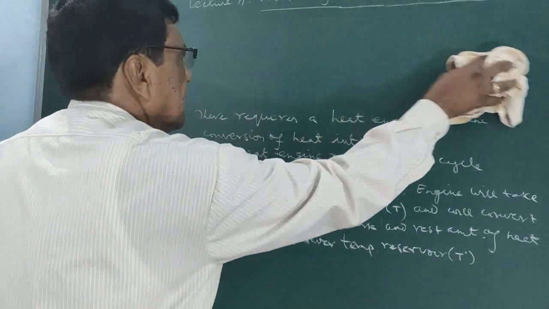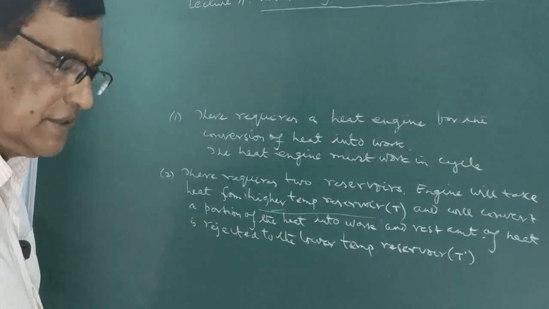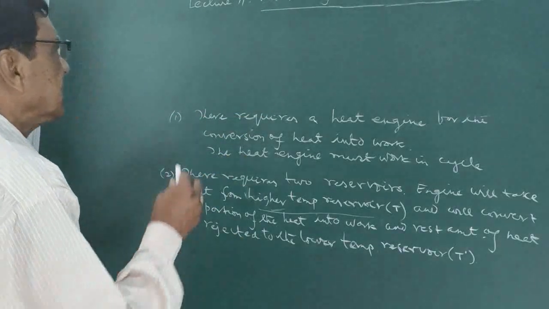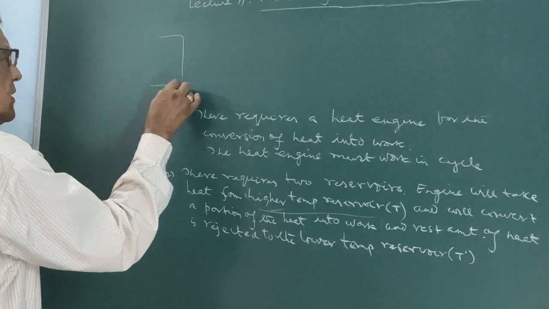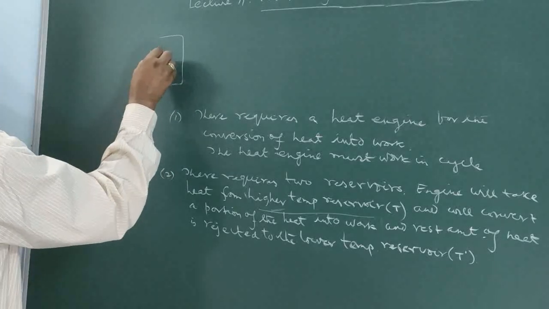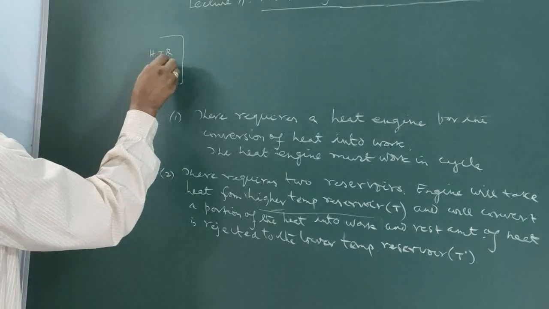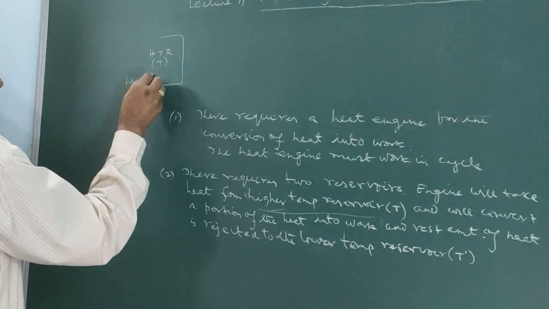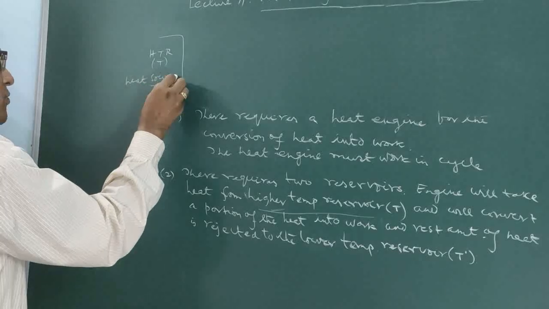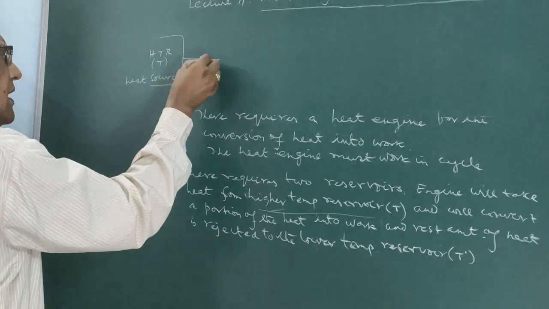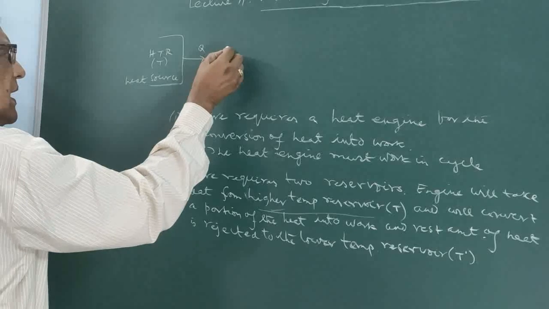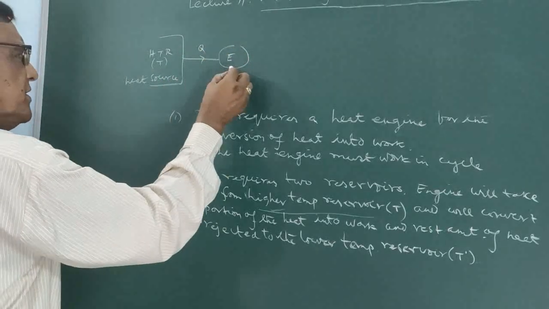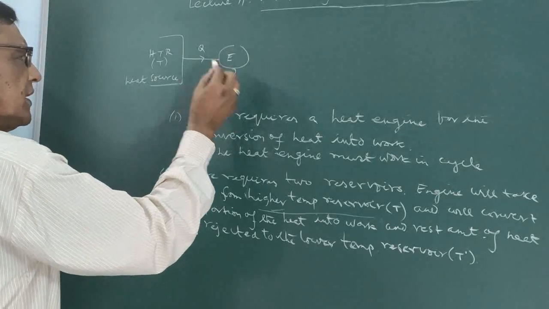If we explain this statement in a picturesque way, then this will be the one heat reservoir, say H here, temperature T, and it is called the heat source. It will supply this heat, say this is Q, and here is the engine, and engine is doing this mechanical work.